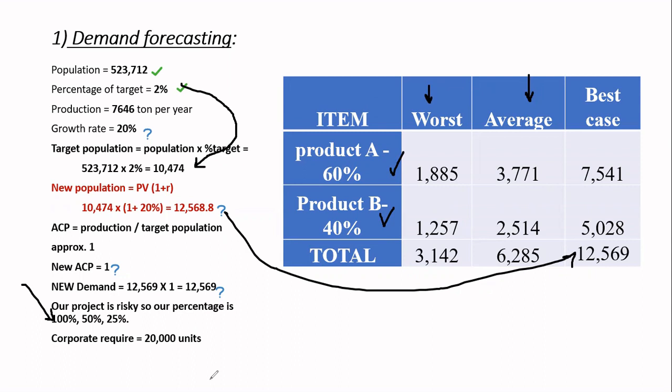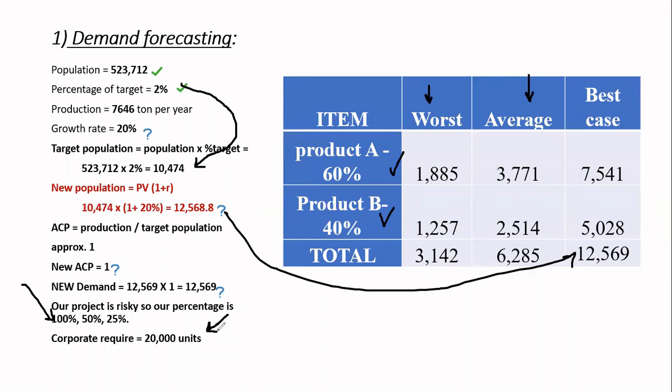This is the important point that I wrote for you in order not to forget the comparison. If the corporate requires, for example, in your case, 20,000 units, or they have a business-to-business client that is looking for your product, and this is 20,000.